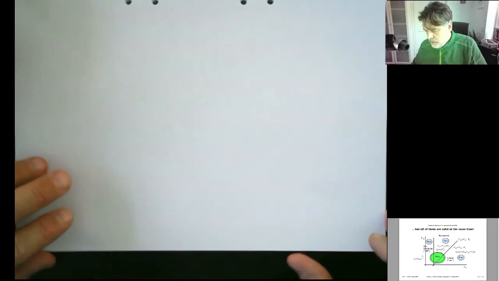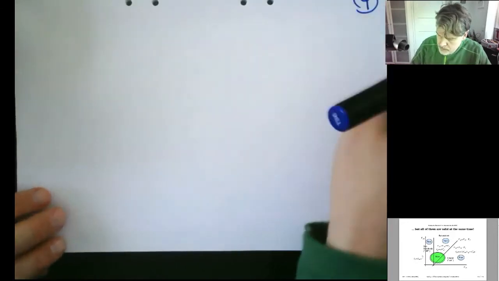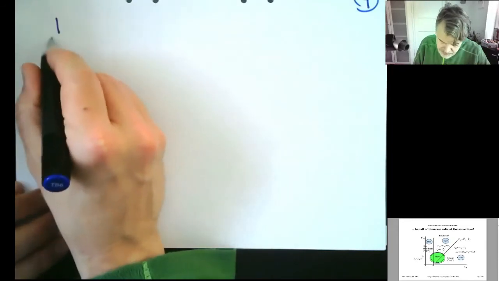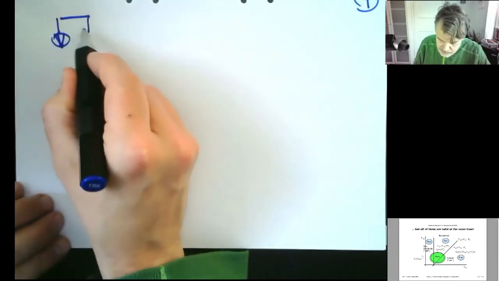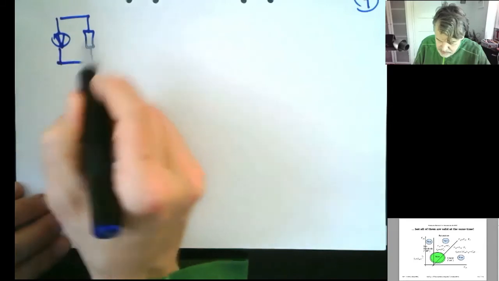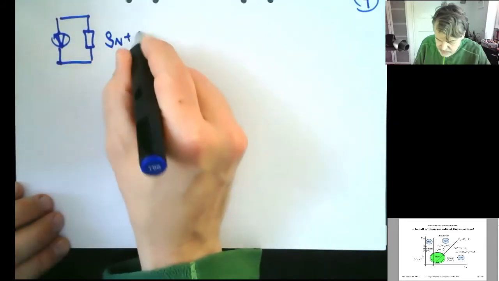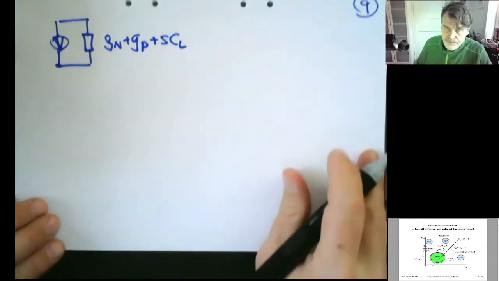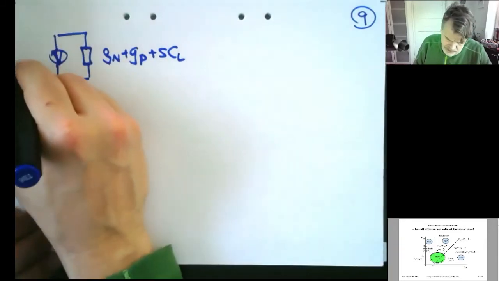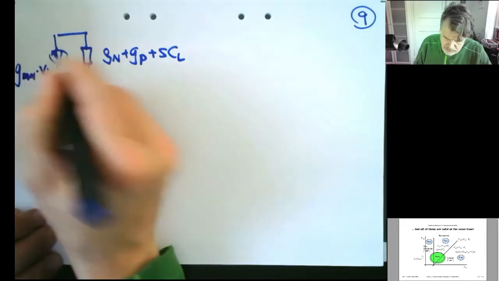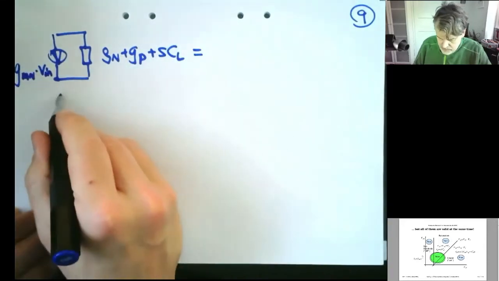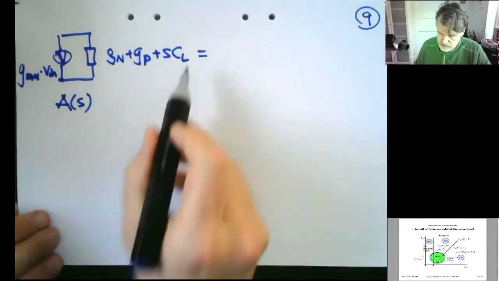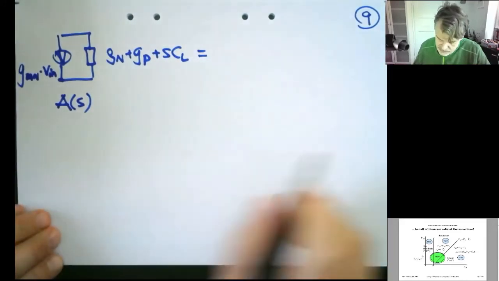So, number 9. Okay, so for my sake, I just redraw this here again. GN plus GP, and I'm going to scan these papers and add them to the course page. And GM and Vin. So now we can write A of s as a function of the frequency variable s.